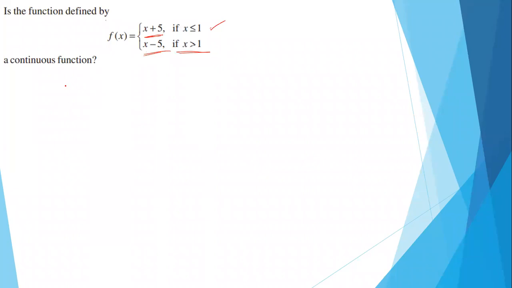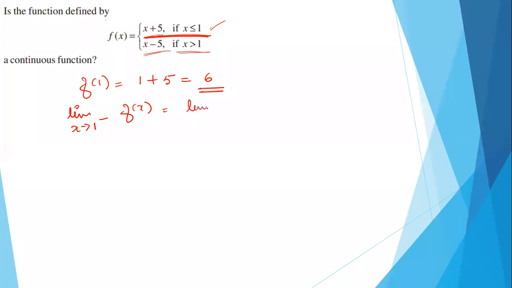So just find out f of 1. What will be f of 1? 1 plus 5, isn't it? f of 1 is equal to 6. Yes. Now find left hand limit quickly. So limit x tending to 1 minus f of x.